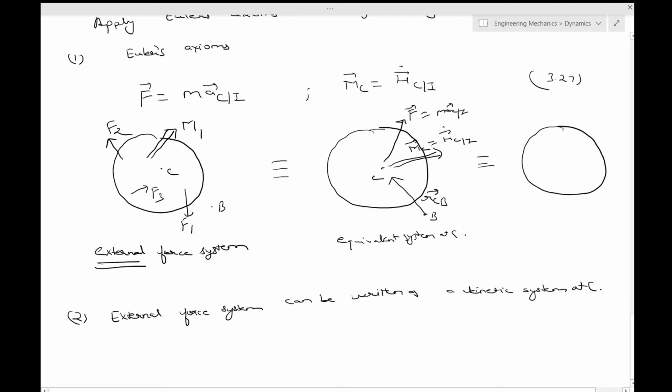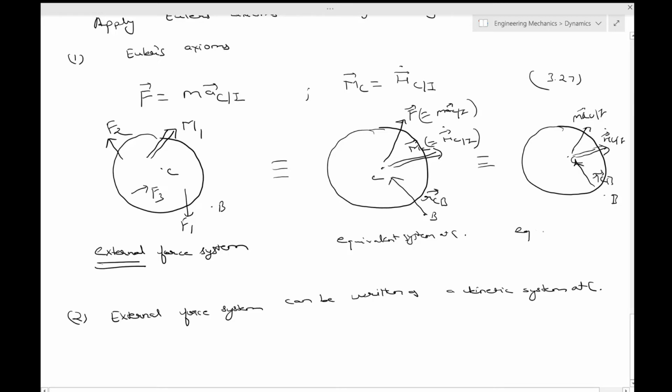In this case we would have C. There would be just an acceleration of C. There would be an HC dot I. We don't actually write these values, so I'm putting it in brackets because they are not written in the equivalent force system. And then you have B, so this is RCB.